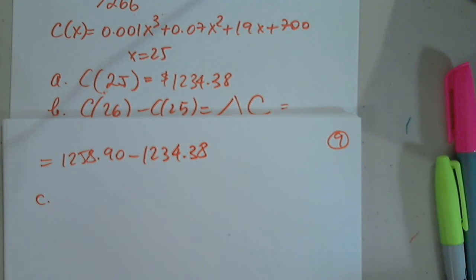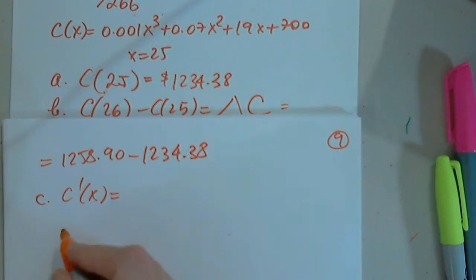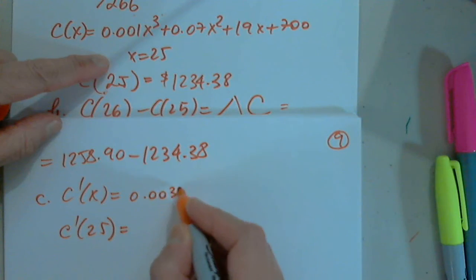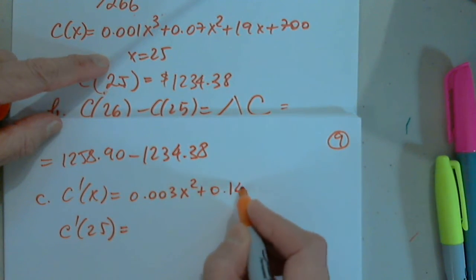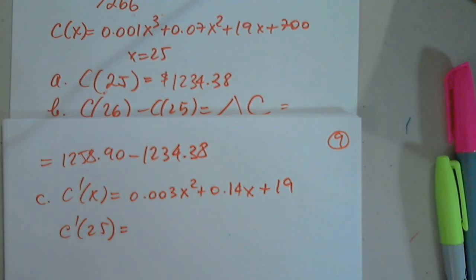Part C, what is the marginal cost when x is 25? In part C I have to find C prime of x, and then find C prime of 25. So I had 0.003x squared plus 0.14x plus 19. And here I will plug in 25.